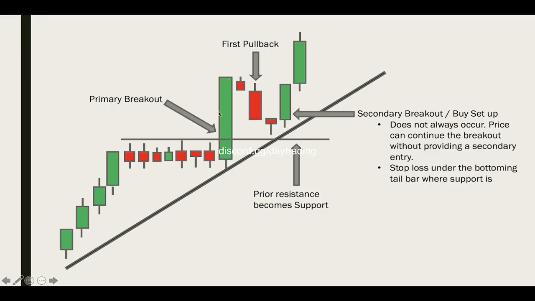Now, oftentimes what I see is after this primary breakout, after we break out of this resistance and continue higher, I often see us having another sort of price correction, but this time it happens through a pullback. So after this rally, we actually pull back, okay? And we form a buy setup, or you could call it a secondary breakout.